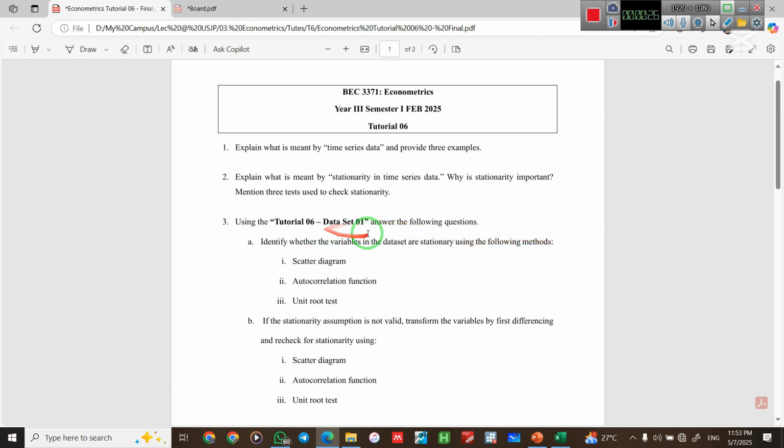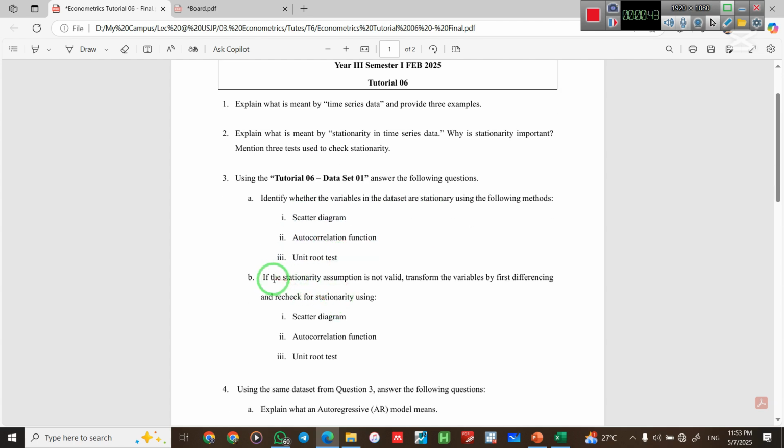So there is a dataset and there are some variables included in that dataset, and they ask to identify whether all variables in the dataset are stationary, and you have to use all of these 3 methods, right? And in part B they ask, if the stationary assumption is not valid, transform the variables by first differencing and recheck for stationarity using the following methods.